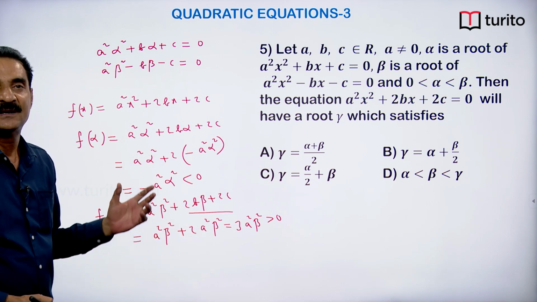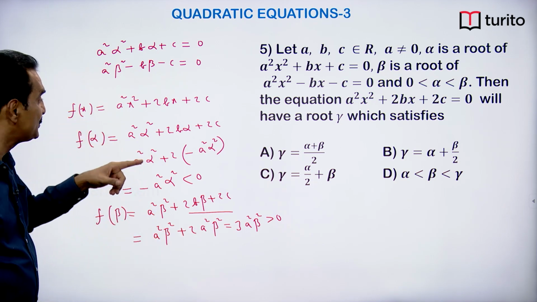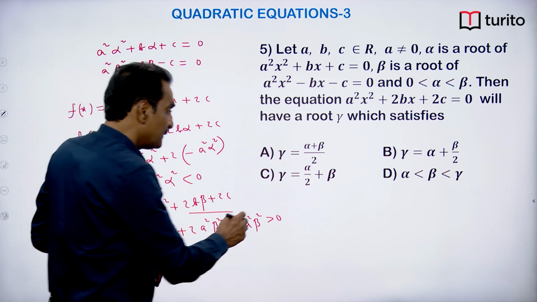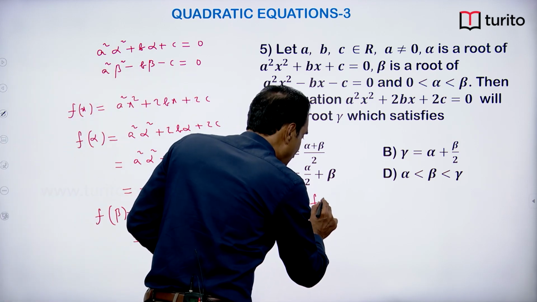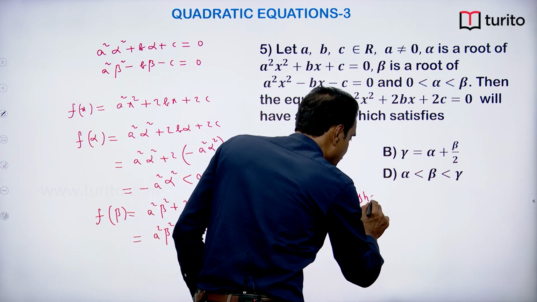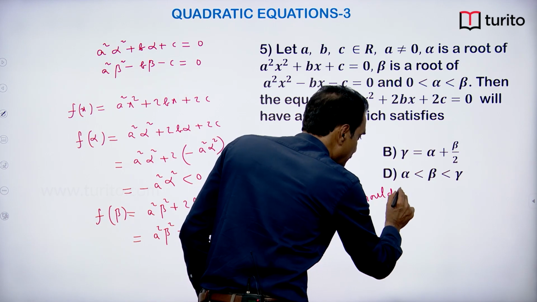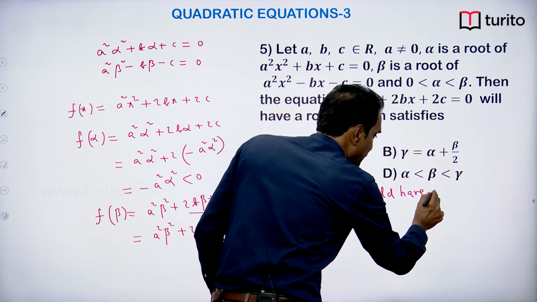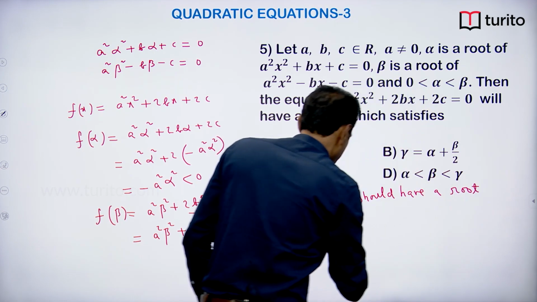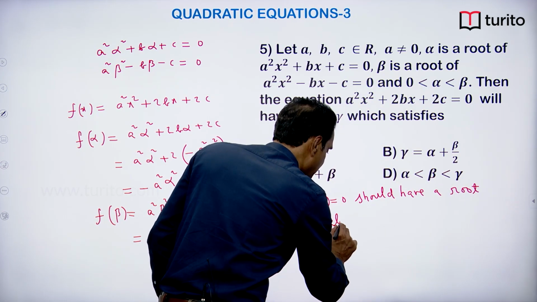What does it mean? The equation f of x is equal to 0 should have a root between alpha and beta. Therefore, f of x is equal to 0 should have a root between alpha and beta.